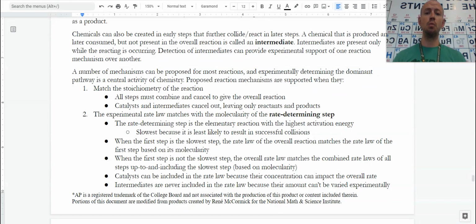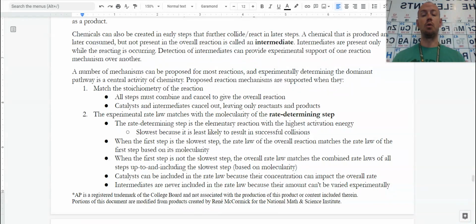When we're looking at this in terms of a reaction and a reaction mechanism, there is one step that takes longer than any of the others. We call it the RDS, or rate determining step. It is the elementary reaction that is the hardest to complete. It has the highest activation energy, maybe because it's got the strongest bonds, the most energy that needs to be used to do that.